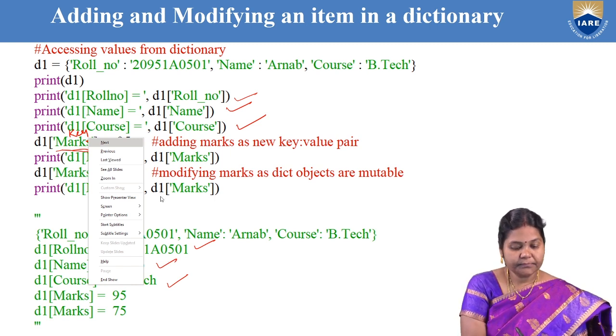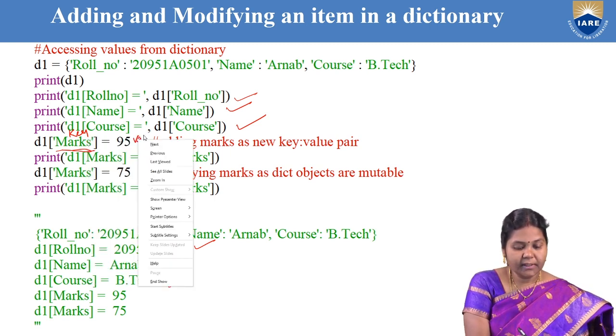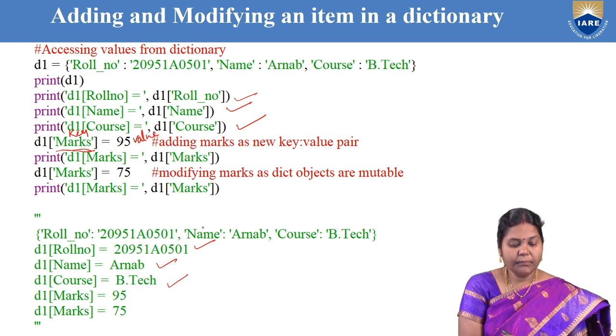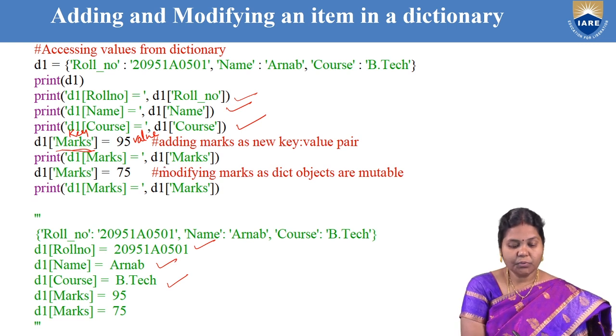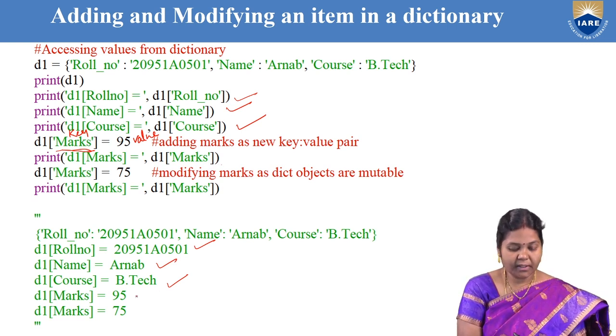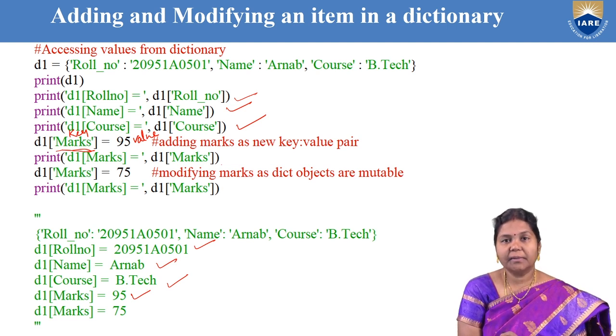So 95 is nothing but its associated value, and this key value pair is added to the existing dictionary. Now you can retrieve the value with the help of the key: when you write D1 of marks, you retrieve 95. Up to this, we have seen how to add a new key value pair.